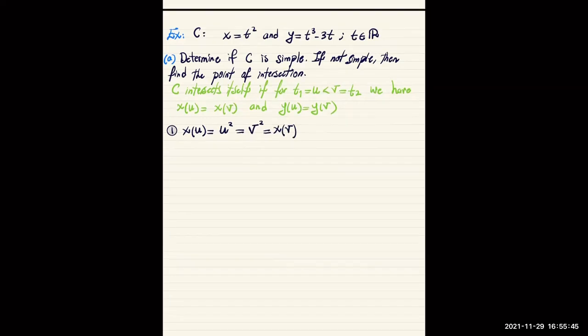And then the second equation, do the same thing, but for y's. y at u, plug u into your y equation. You get u cubed minus 3u. We want that to equal y at v, plug v into your y equation.